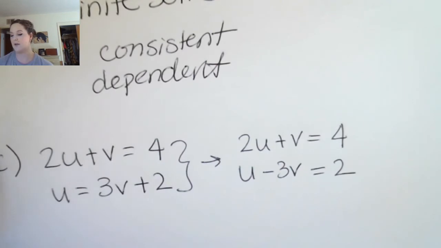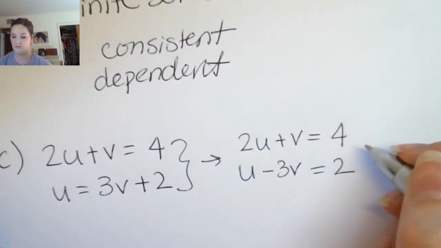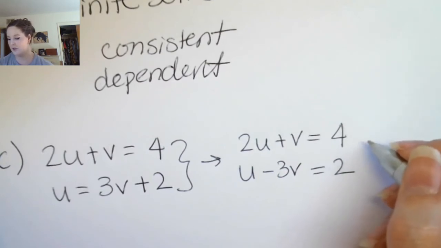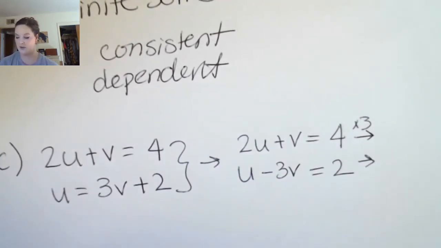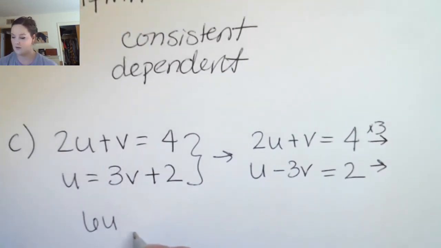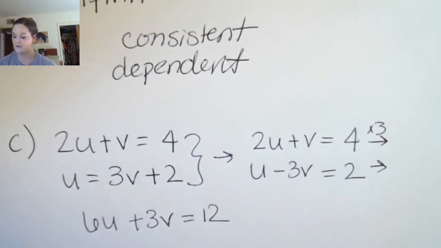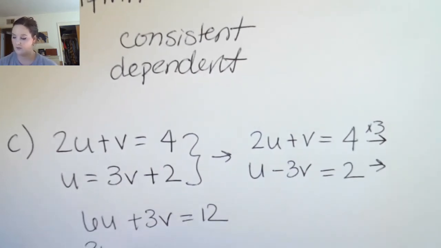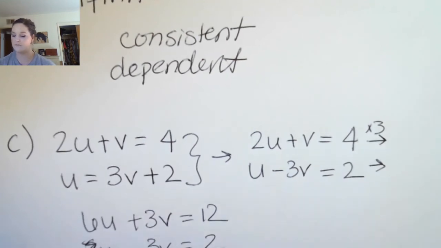It really doesn't matter. So maybe let's do v. Okay, so I'm going to multiply this one times 3, and this one I'm just going to copy it. So that gives me 6u plus 3v equals 12. Okay, and here I'm not multiplying this one by anything. 3u minus... u minus 3v equals 2.